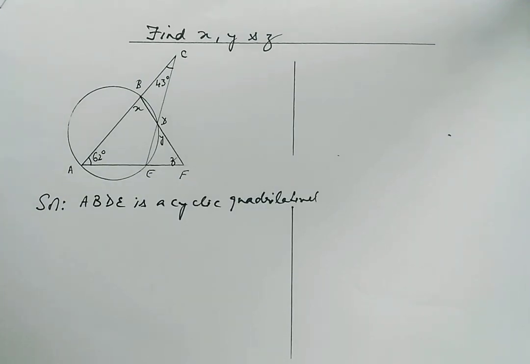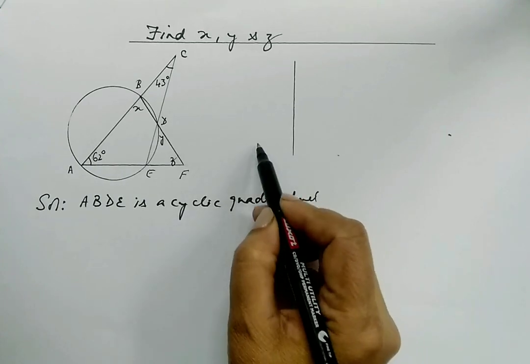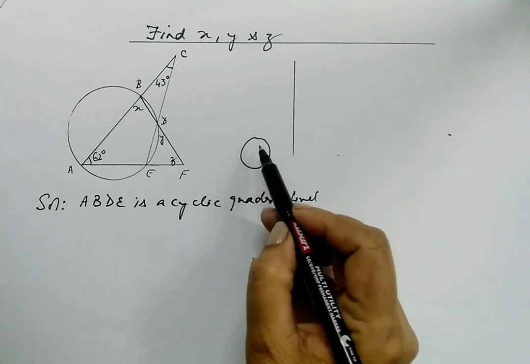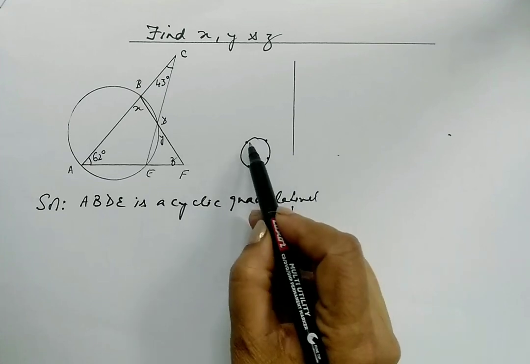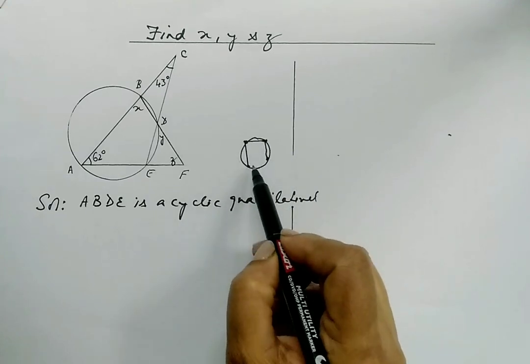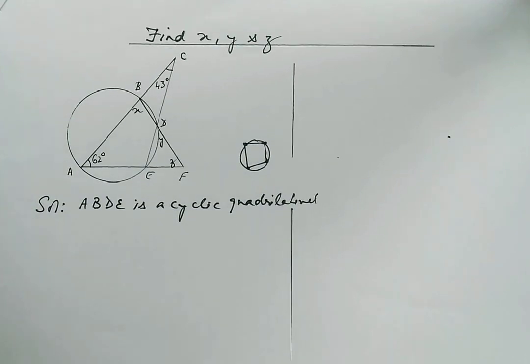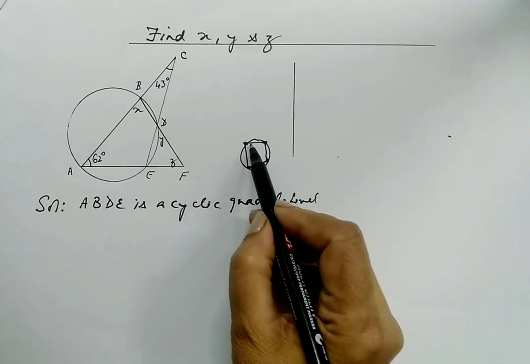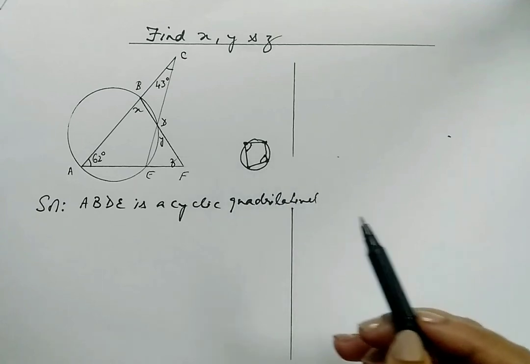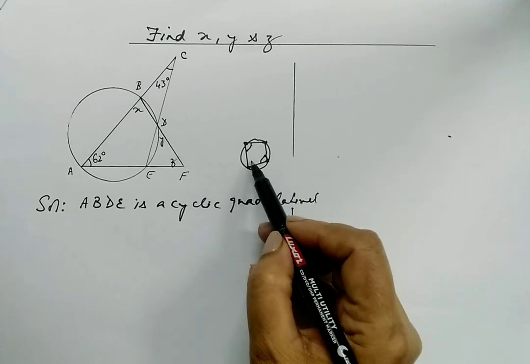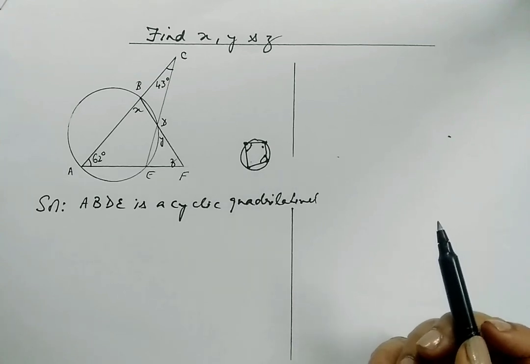As you may know, in a cyclic quadrilateral, for example, we have the circle, and if there are 4 points on the circle like this, correct, we have this angle and this angle, the opposite angles sum up to 180 degrees. Now this plus this must also be equal to 180 degrees.